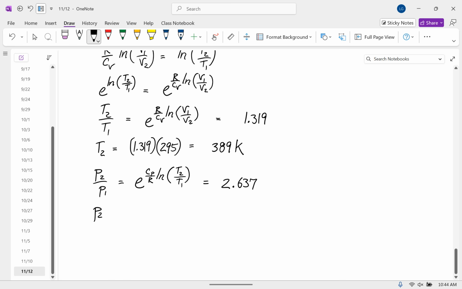So P2 is equal to 2.637 times the starting pressure, so 2.66 times 10 to the fifth pascals.